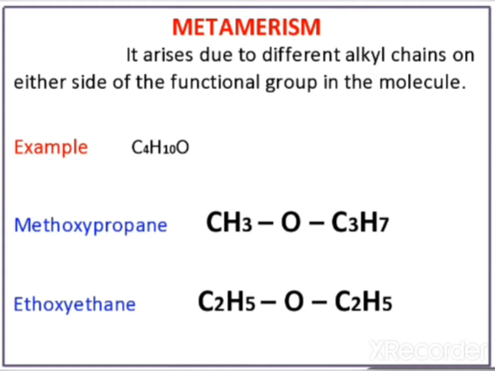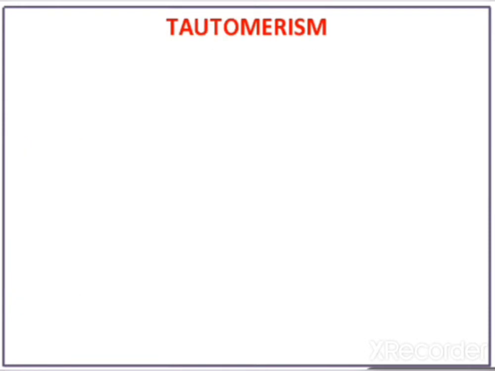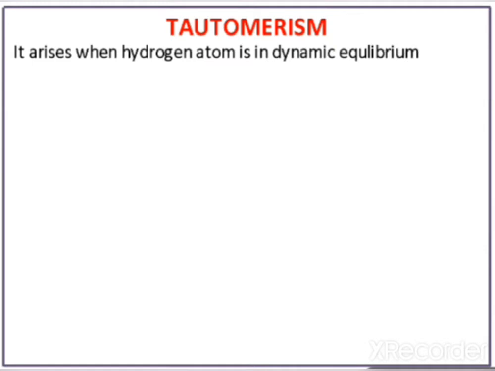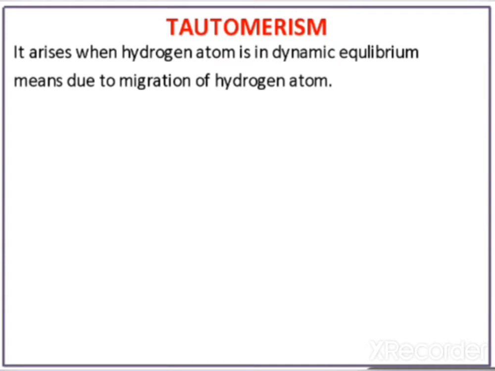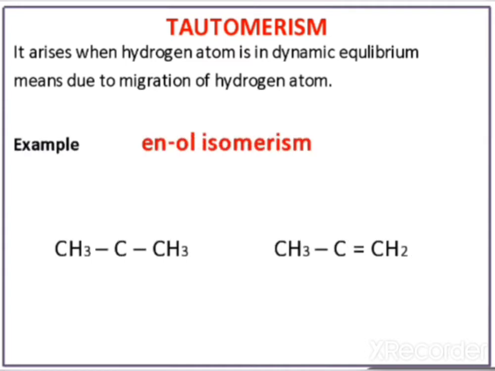Now next is tautomerism. Tautomerism arises when a hydrogen atom is in dynamic equilibrium. Dynamic equilibrium means the position of the hydrogen atom is changing, due to migration of the hydrogen atom. See the example, keto-enol isomerism.